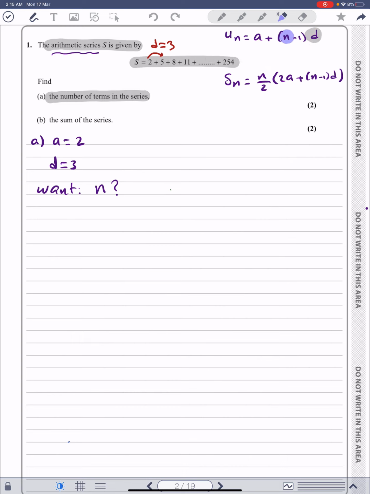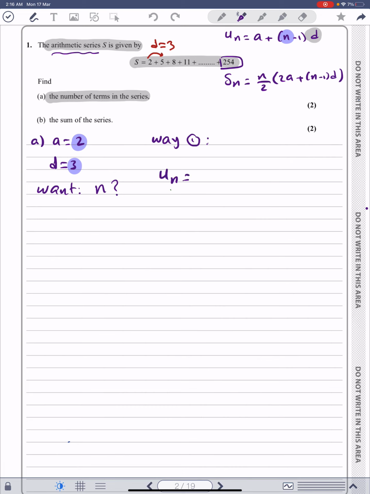So we have two ways, guys. Two alternative methods. Method 1, first one, is using the nth term formula, because we are given the last term is 254. So with A is 2 and D is 3, just substitute these values.